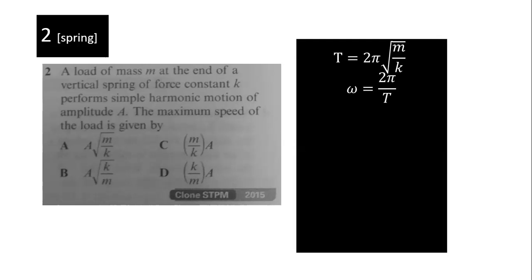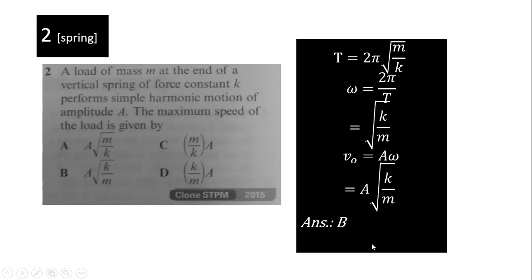Omega is 2 pi over T. So replace your T. T is this one, with 2 pi at the bottom there. Cancel off, so this one becomes inverted. That's omega. So maximum speed is, remember your circular motion, this is your radius, your amplitude, times omega. And put in your value there. A there. Okay. Don't memorize. There are too many things to memorize. Fortunately your teacher just did it with you.